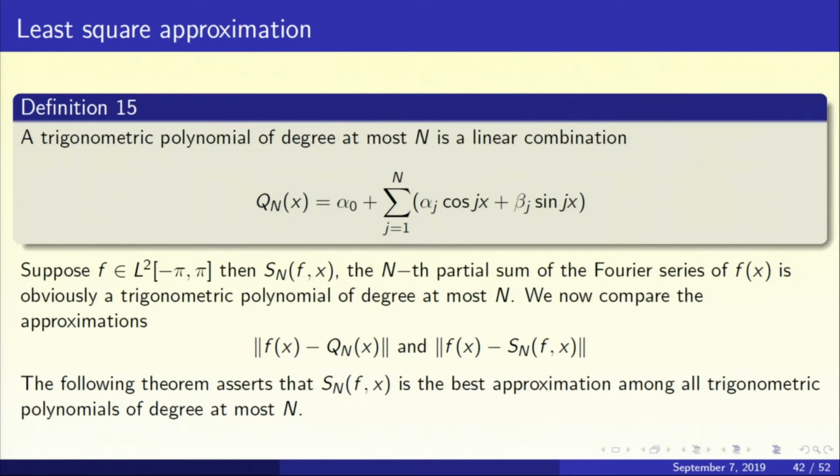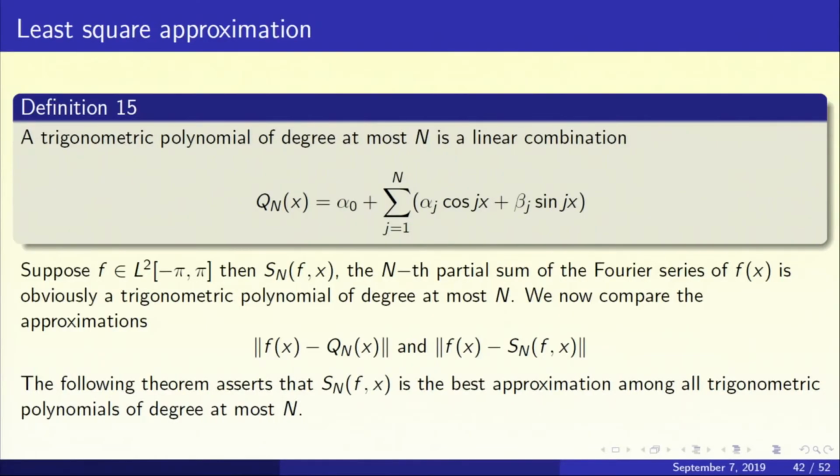So if I take a Fourier series, the partial sums of a Fourier series are obviously trigonometric polynomials. That's what is stated in the slide. The nth partial sum Sn f(x) is again a trigonometric polynomial of degree at most n. And we would like to compare the norm of f(x) minus Qn(x) with the norm of f(x) minus Sn(x).